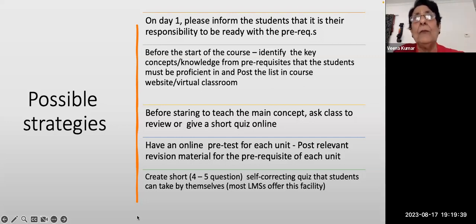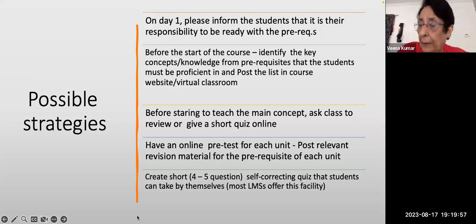You'll have to put in some work, but if you're teaching the same course again, all that you have to do only once. Because if you have a virtual classroom, you can recycle the same material, add new things, whatever you want to do. And then you have a pre-test kind of thing for each unit.